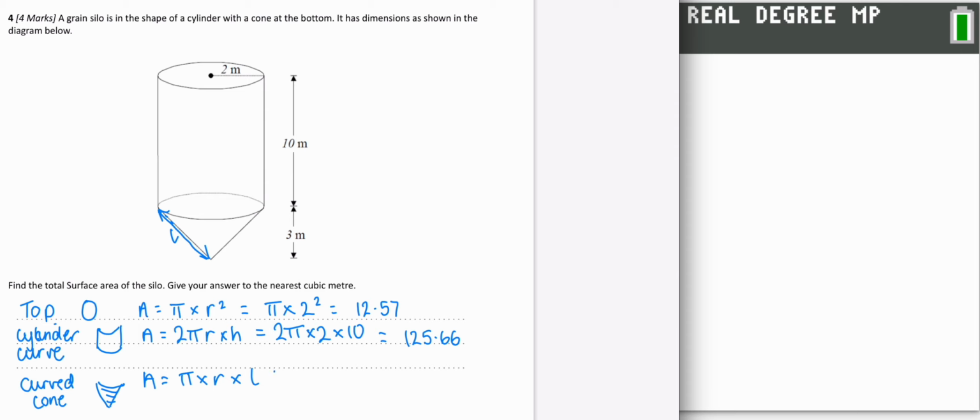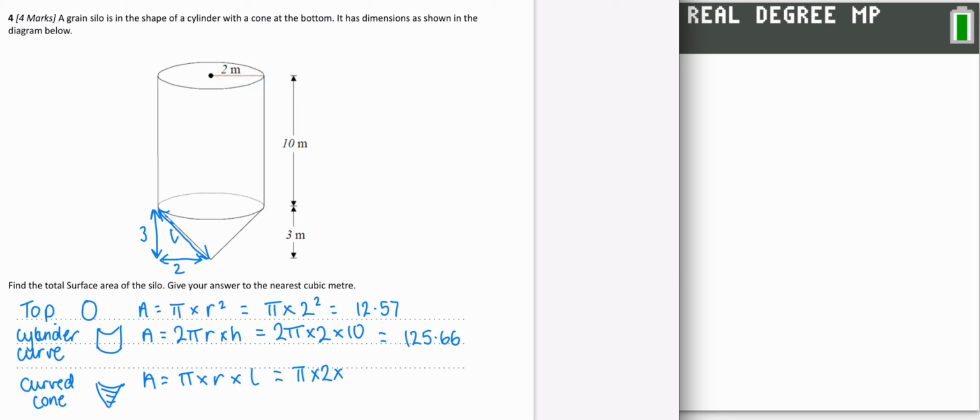So for that one, I have pi times 2 times, and I need to find the length. Now if I know that the height is 3, that tells me that this part here is also 3. I also know that this is the radius, so this is 2. It's the same as this measurement here, or I could have done it on the right hand side, and that's 2 for the radius.